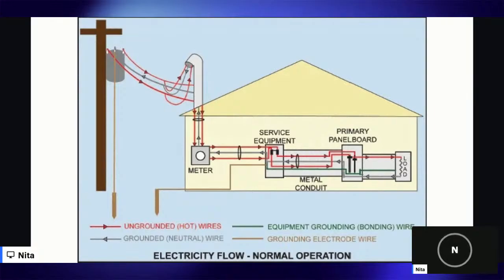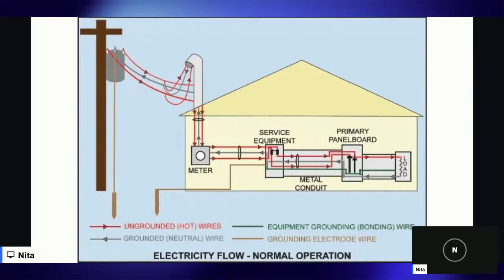Our hot wires or our ungrounded conductors typically are black. So the current travels through the ungrounded conductors to the load, and then it wants to return to the source via the neutral. So we've got hot wire, appliance, neutral wire, back to panel, back to the transformer, because that's the source.